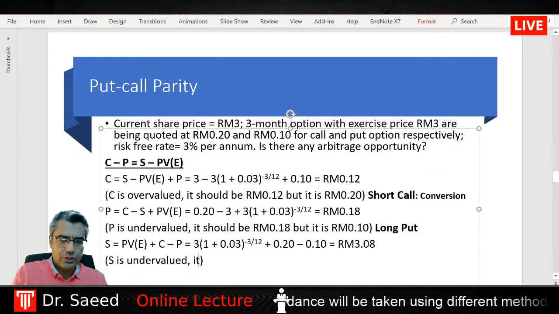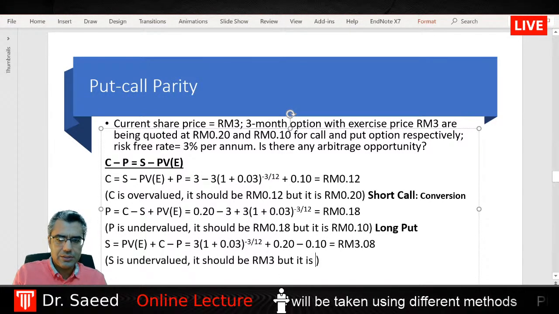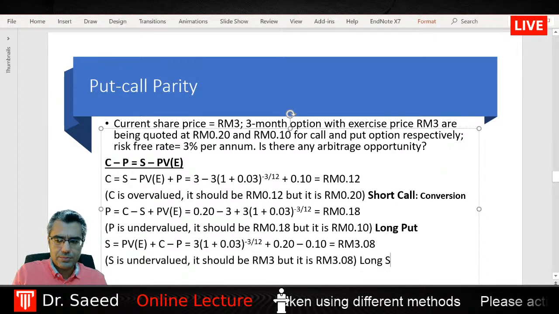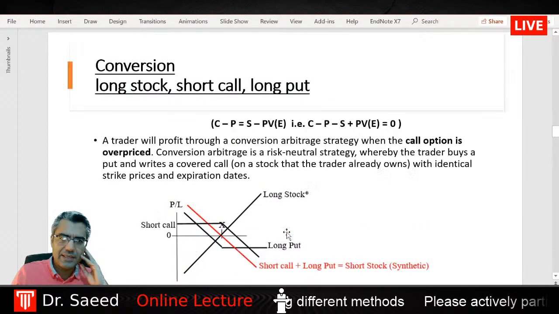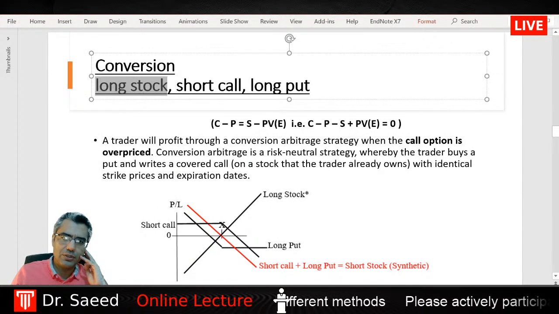It should be 3.08, but it is 3 ringgit. Now what should you do? Long stock. And again, it's the same as what we knew already, long stock.